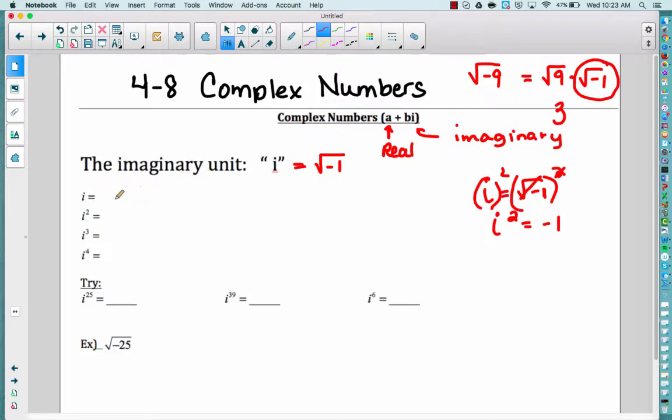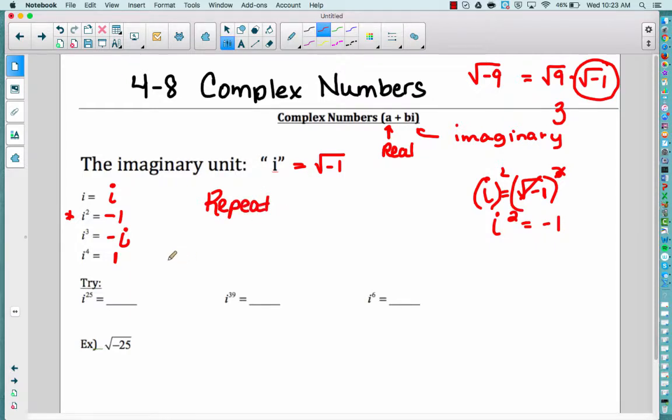So for our intents and purposes, we need to know that I squared is equal to -1. That's very important. And actually, the first four exponents of I actually repeat. So we're going to let I equal itself, so I. And then I squared is -1, I cubed is -I, and I to the fourth is the number 1. And after that, it just starts to repeat.